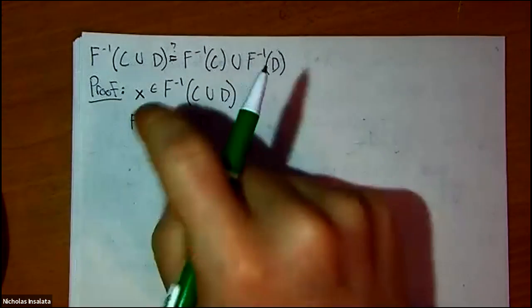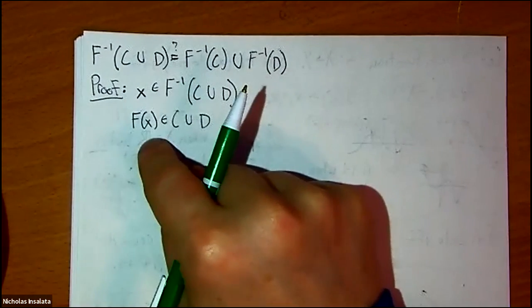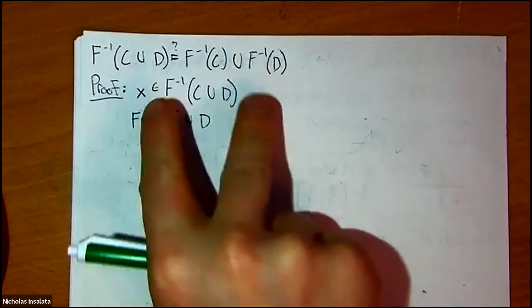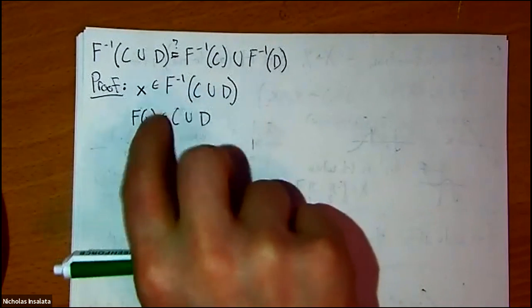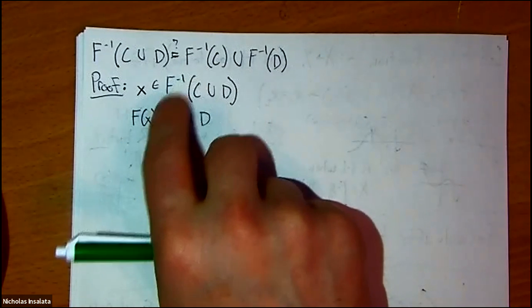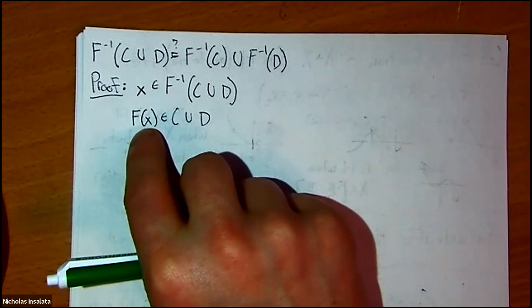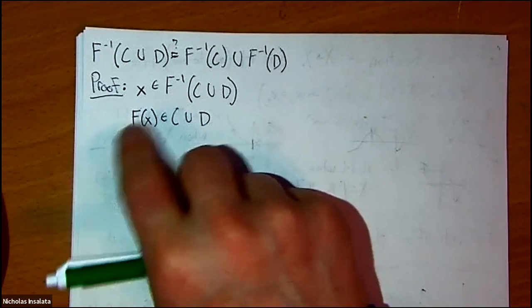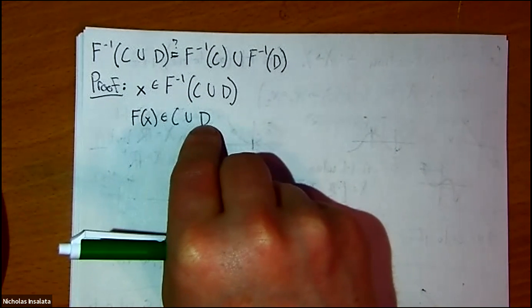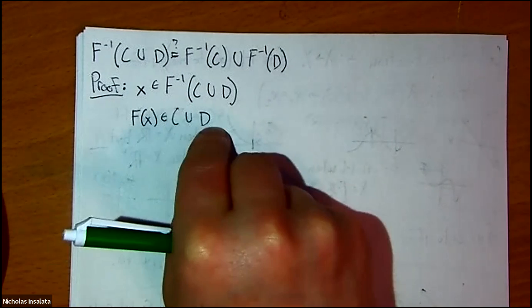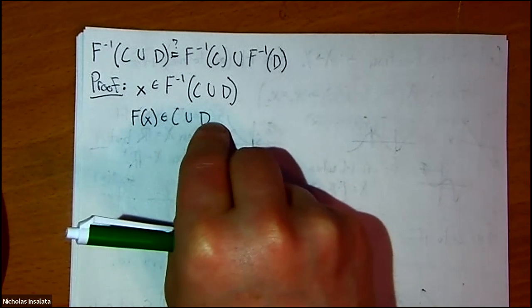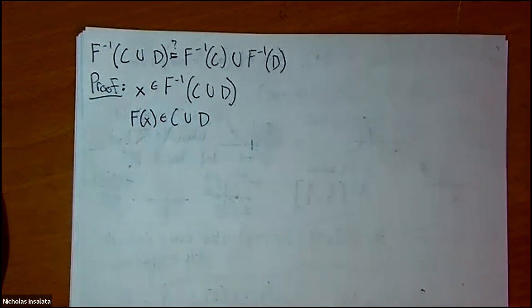What did I do? I applied an f to both sides of the equation, right? I took this set and applied the function f to it, and any function applied with its inverse, they cancel each other out, right? It's like adding 1 and subtracting 1. So on the right side, I just get C union D. And then on the left, I've applied the function, right?